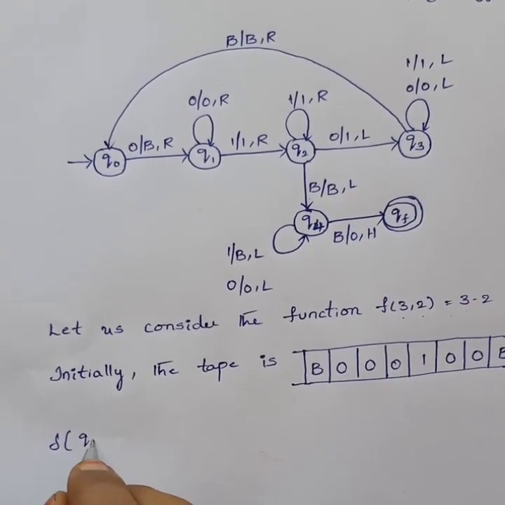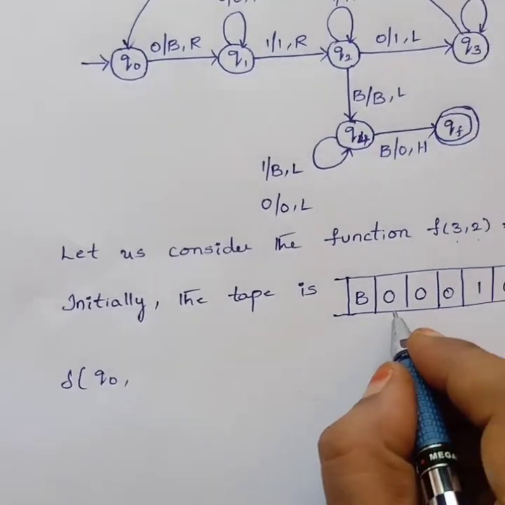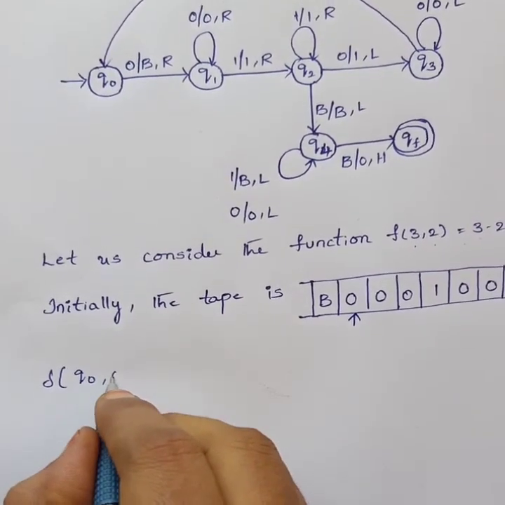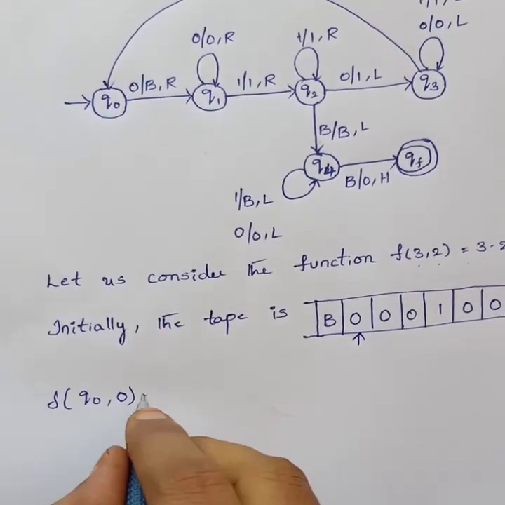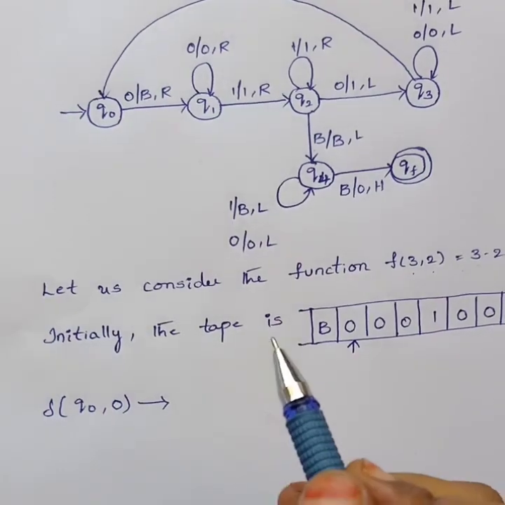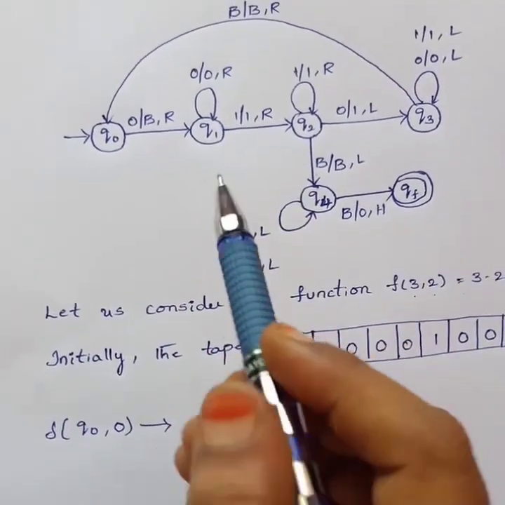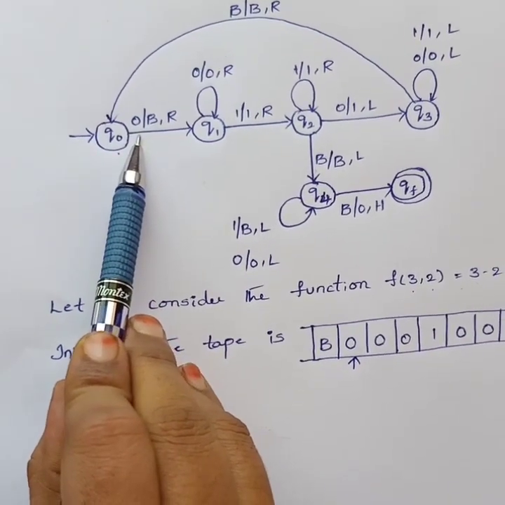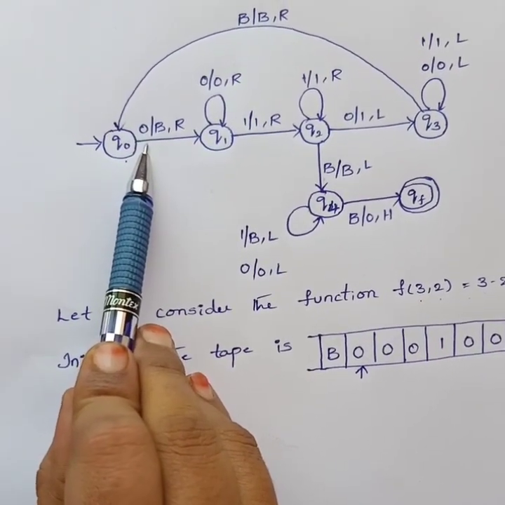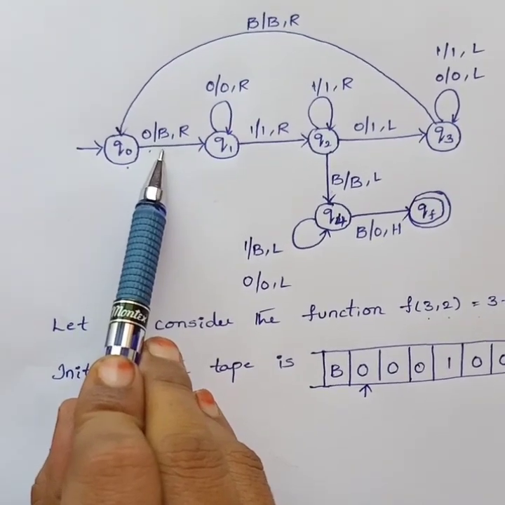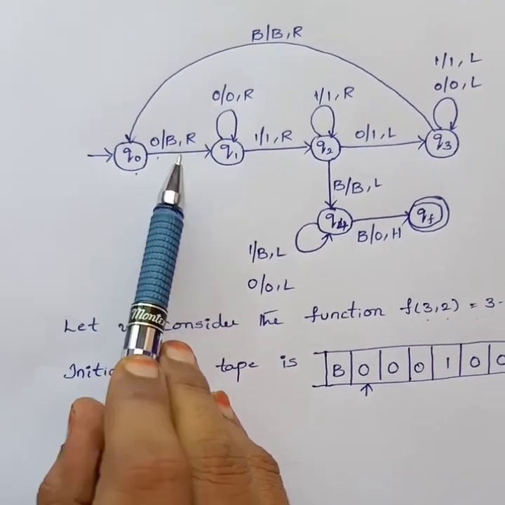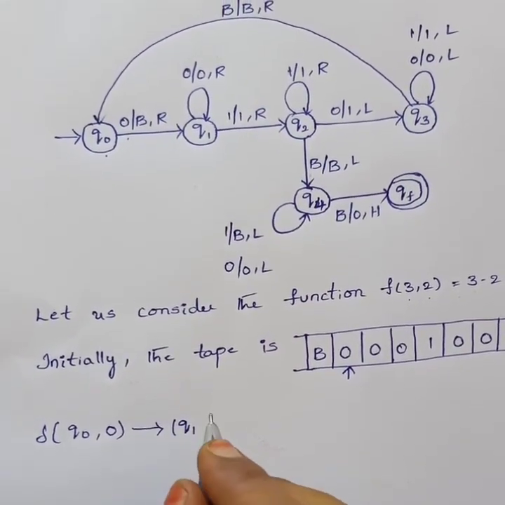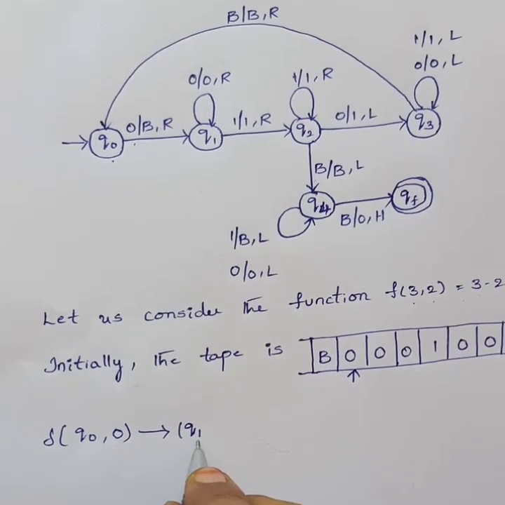From Q0, the initial state, I am starting with 0 as input. So delta of Q0 comma 0: at first we are getting a 0 of the x argument. The first 0 is rewritten as a capital B and we move to right, changing the state from Q0 to Q1.